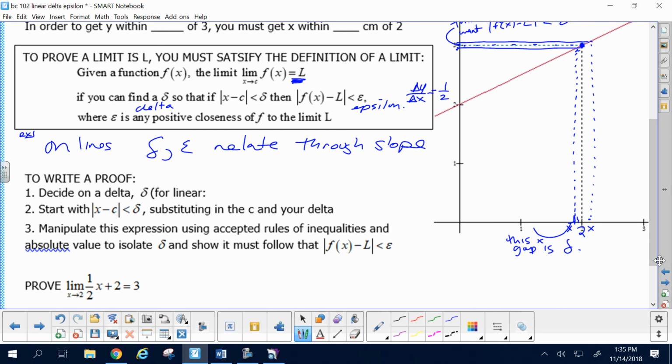And that is true. In general, the delta for lines is always the epsilon divided by the absolute value of the slope. The negative actually throws things off, so you don't want the negative. There's an inverse kind of thing with the slope. The steeper the slope, the greater the delta, and the flatter the slope.